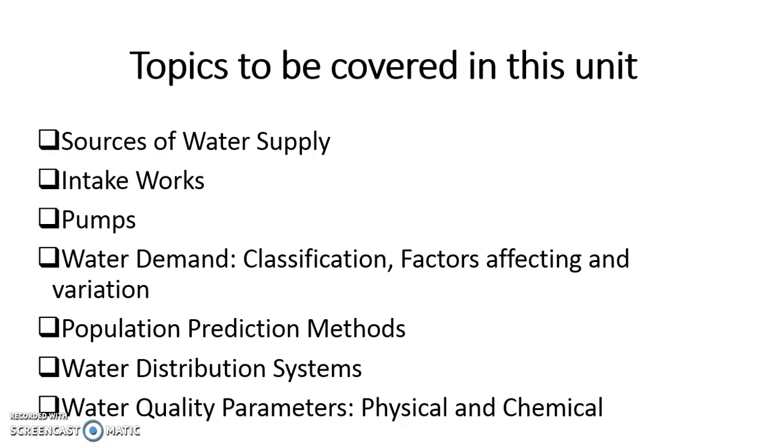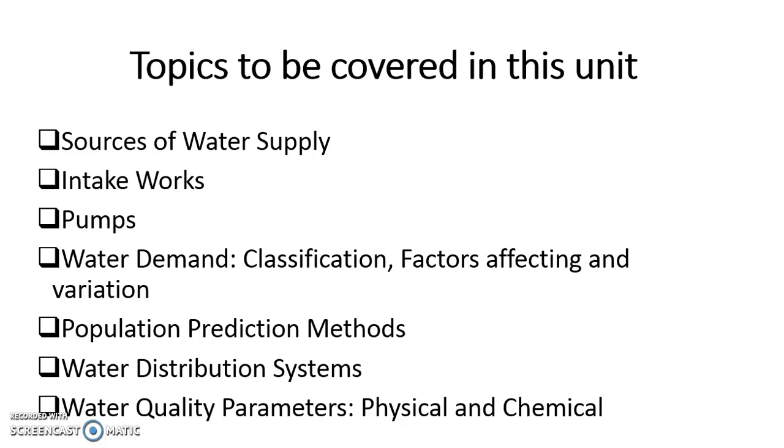In addition to these two, there are two other sources also. One is the rainwater obtained after rainwater harvesting. What is rainwater harvesting? Water is collected from the top of roofs of homes, of offices and other structures, and it is stored in some underground tanks.